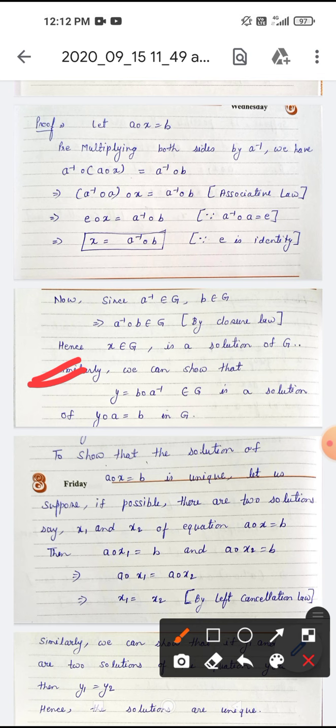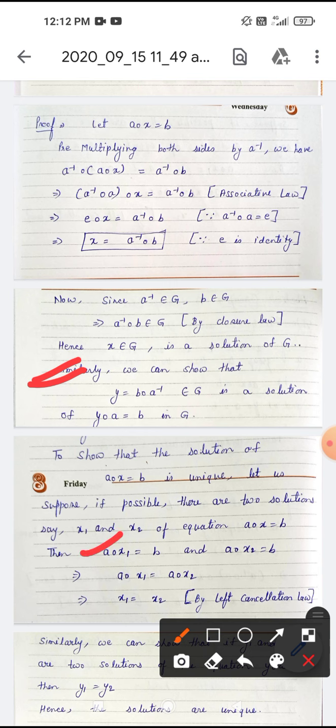Now to show that the solution of A operation X is equal to B is unique, let us suppose if possible there are two different solutions, say x1 and x2, of equation A operation X is equal to B. So if x1 and x2 are solutions, they must satisfy the equation.